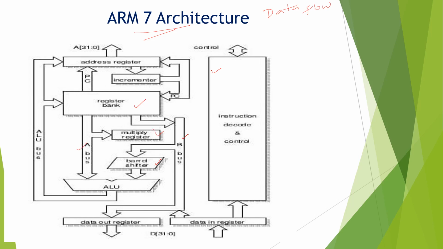See here, we have the ALU bus, an A bus from the register bank to the ALU, and a B bus from the register bank to the ALU through the barrel shifter.